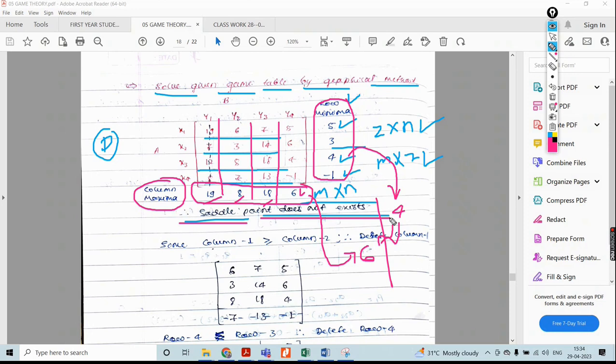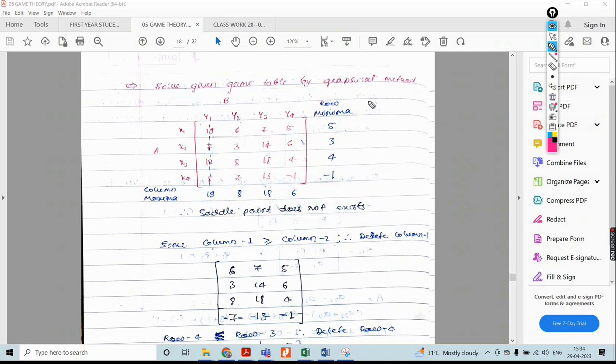Now with respect to the dominance method, you have to make the comparison. You can adopt the row method or the column method. Comparing column 1 and column 2: 19, 17, 12, 8. Column 1 is more in every element, 19 is more, 7 is more, 12 is more, 8 is more, so we are deleting column number 1.